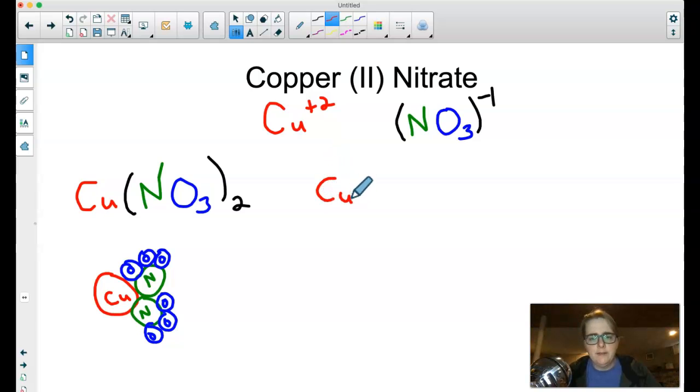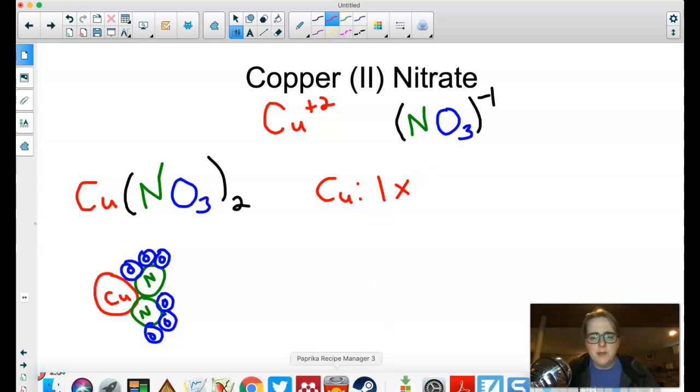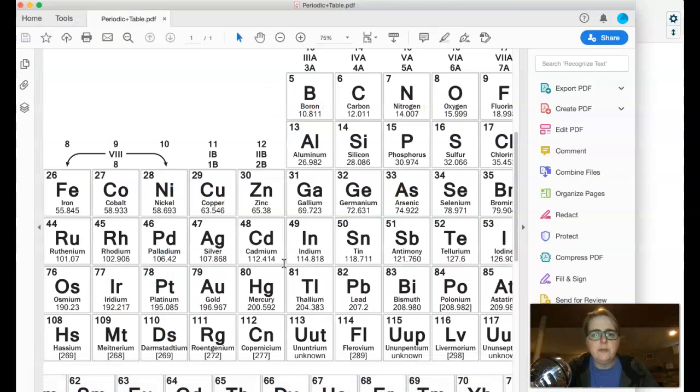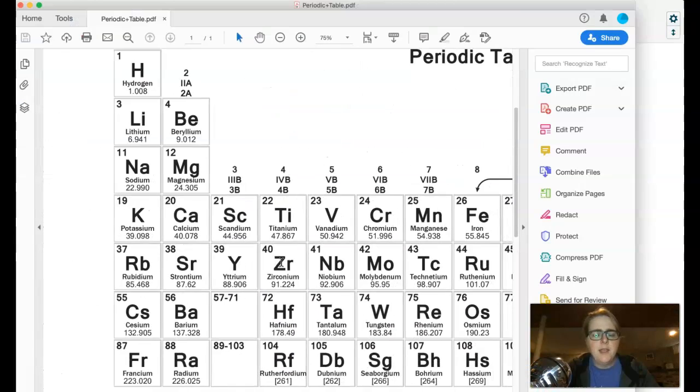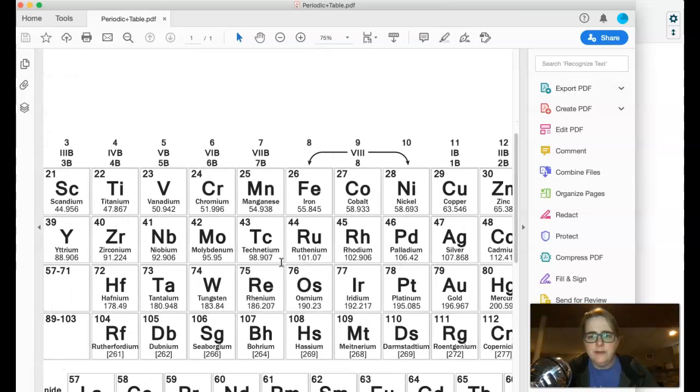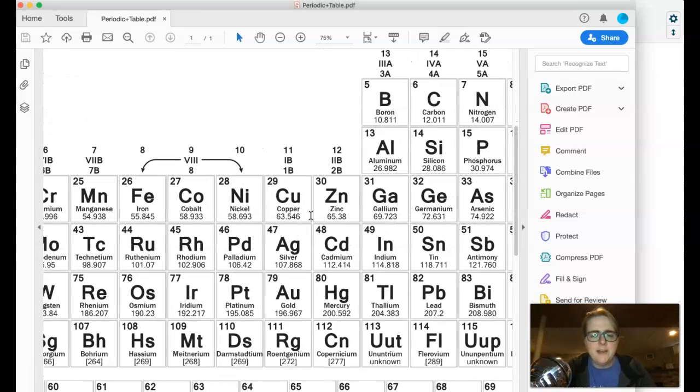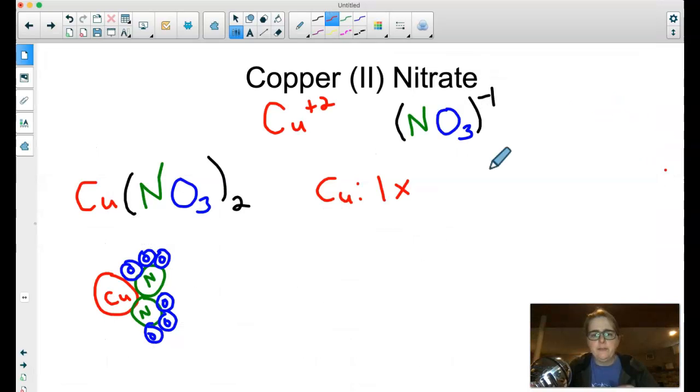So what I'm going to do next is find how much mass each of these is accounting for. So I have just 1 mole of copper. So I'm going to do 1 times, and then I'm going to switch to my periodic table. And I've got it zoomed in here to make it a little easier to read. I'm going to find copper, and I'm going to look at this number along the bottom of its box. So copper is 63.546.